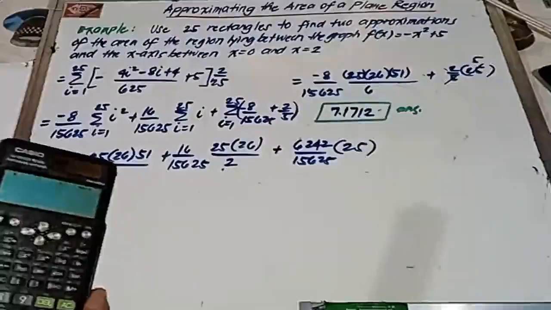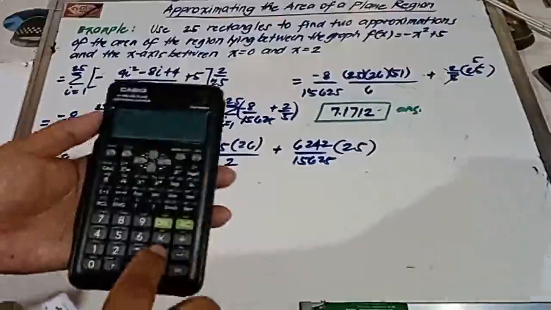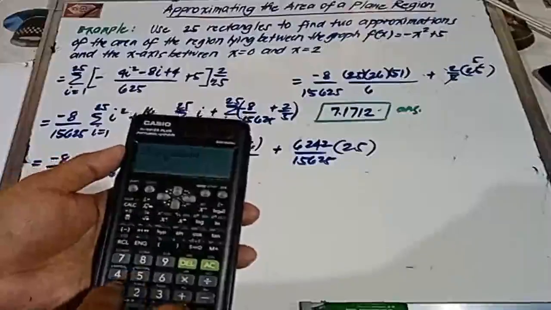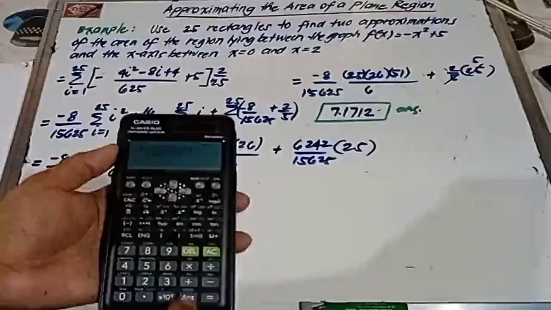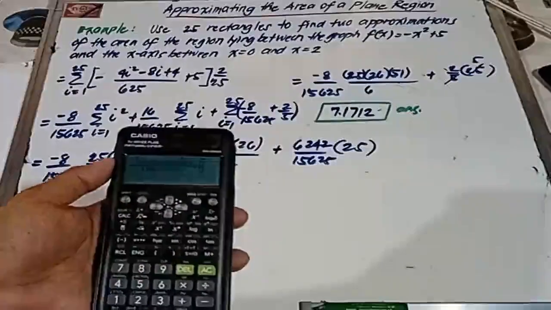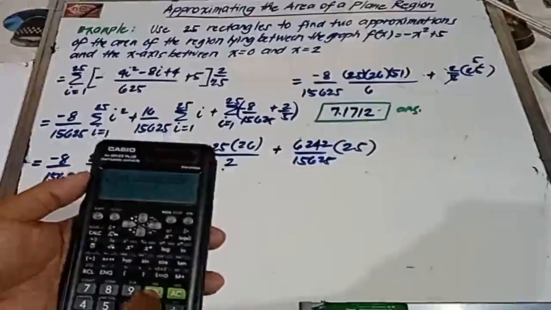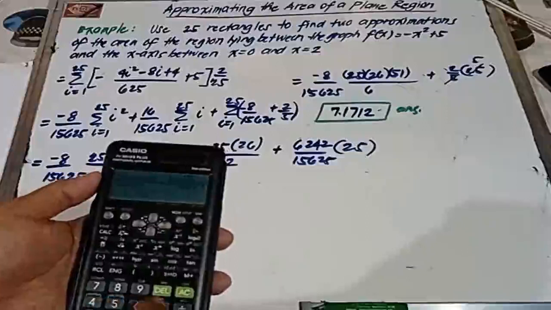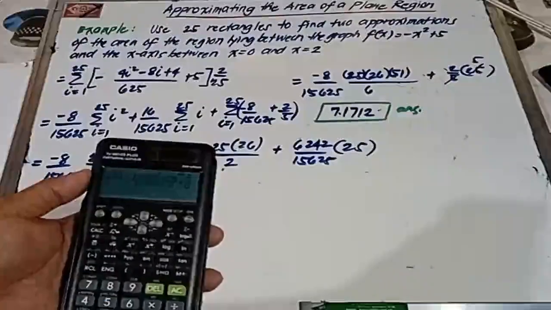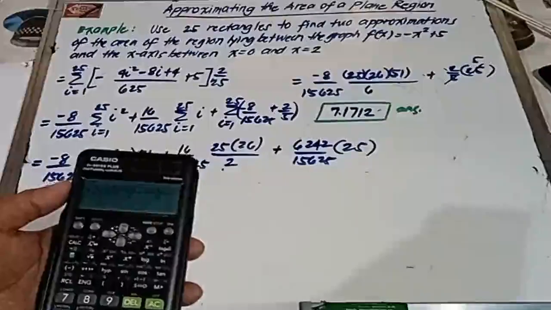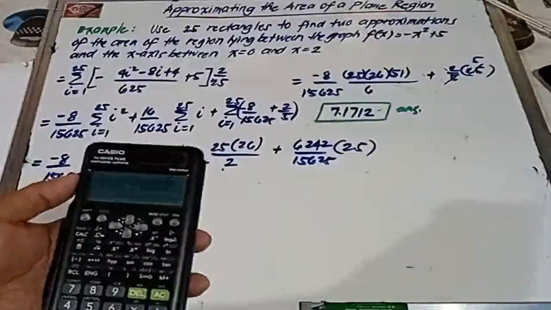We have fraction negative 8 on top. Ito muna. Times 25 times 26 times 51 sa baba. 15,625 times 6. Arrow to the right, plus, fraction uli, 16 times 25 times 26, sa baba, 15,625 times 2, arrow to the right, plus, fraction uli, 6242 times 25, sa baba, we have 15,625 equals.